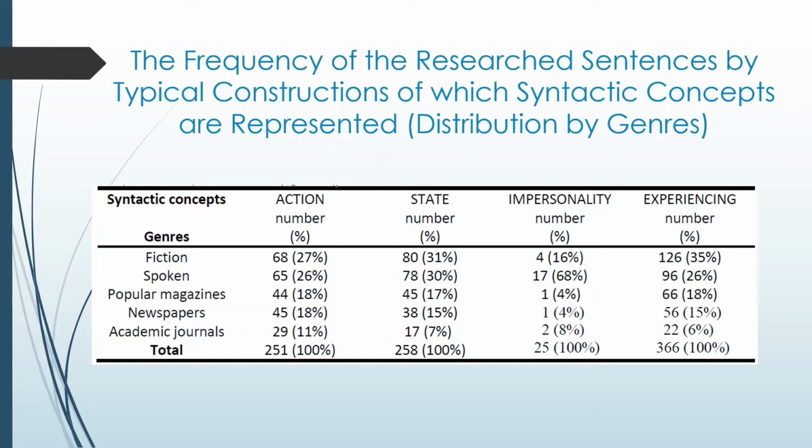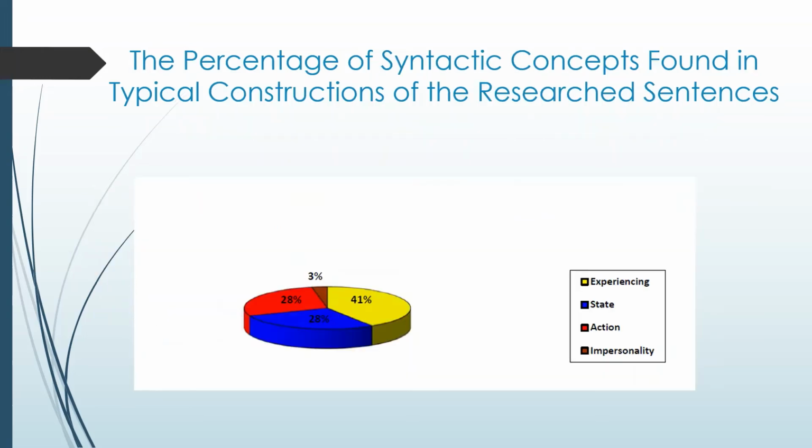And syntactic concept experiencing occurs most frequently in fiction and least of all in academic journals. In general, the most frequent are sentences in typical constructions of which the syntactic concept experiencing was found, 41%. Then 28% we have for state and action, and the least frequent is the syntactic concept impersonality.